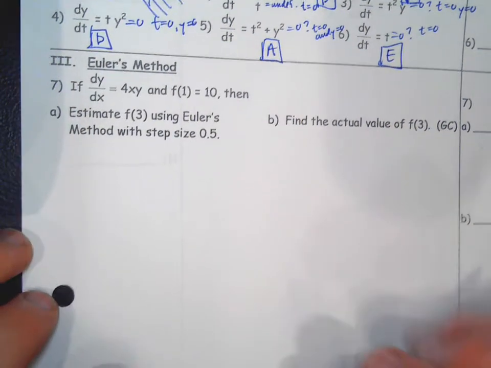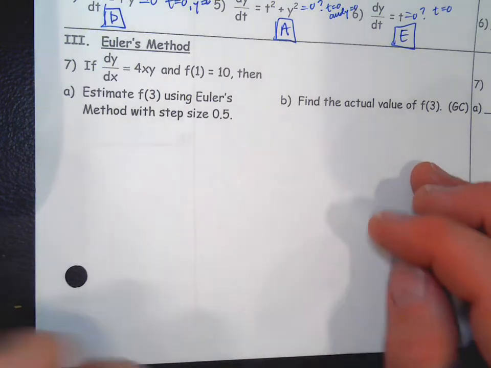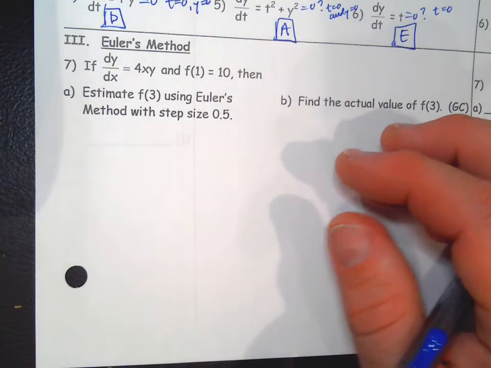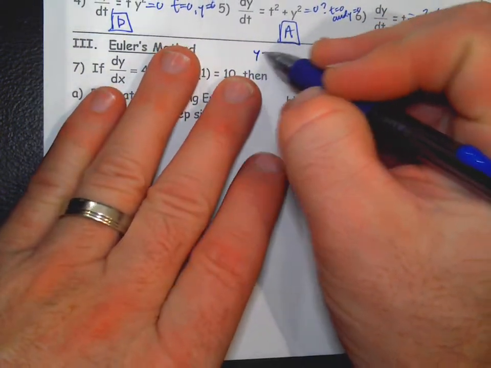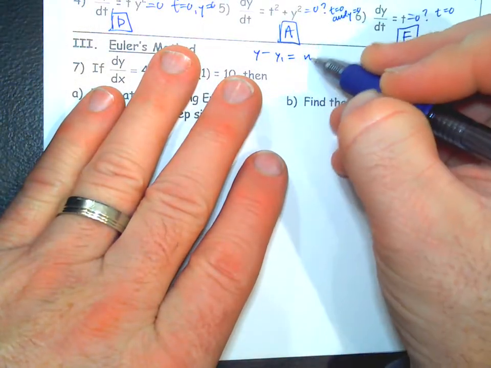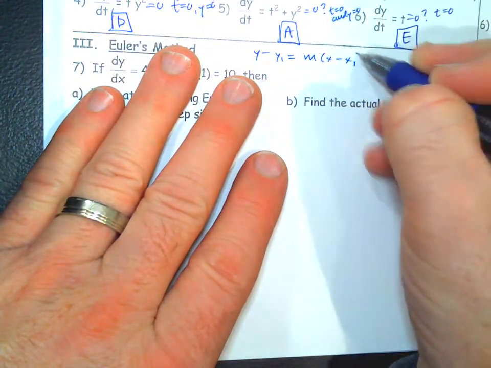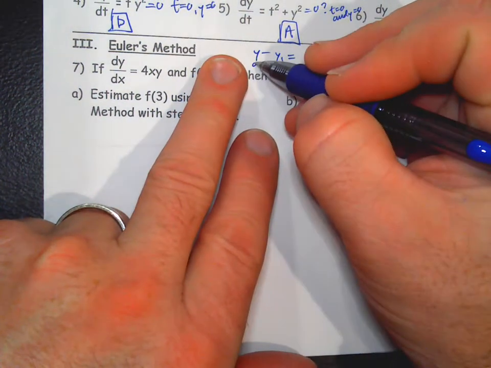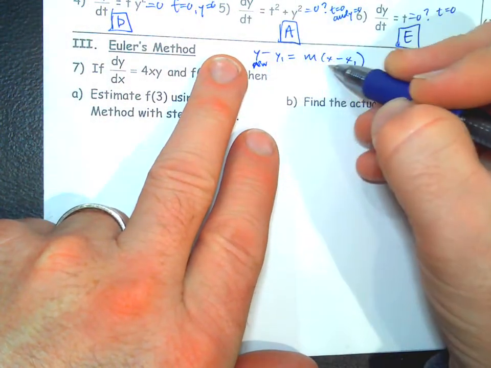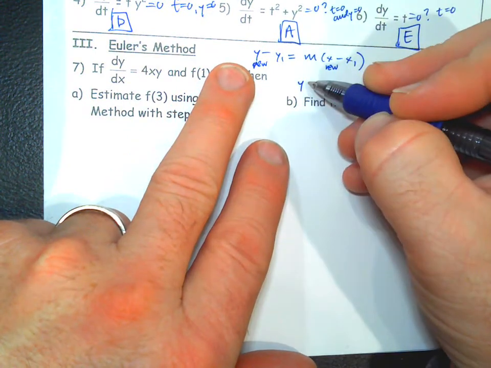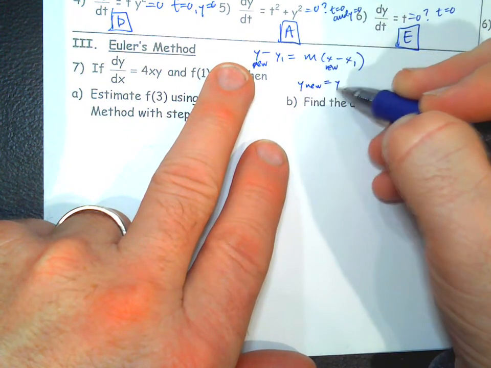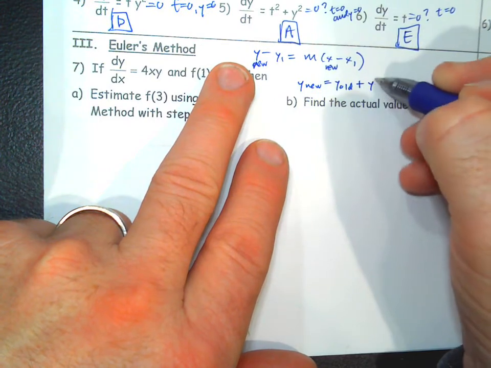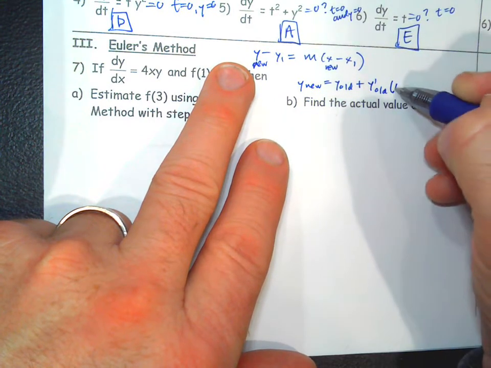Next one is, let's see, estimate using Euler's method. So Euler's method takes an equation of a tangent line and makes an estimate. It's tangent line approximation, but repeated. So this is y new, x new. So y new equals y old plus y prime old times delta x.